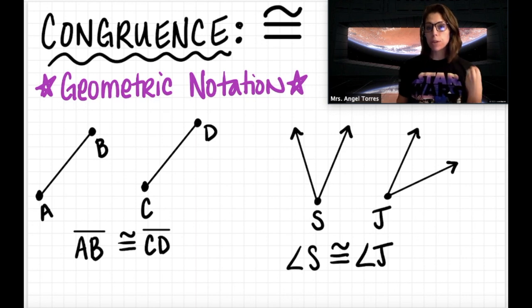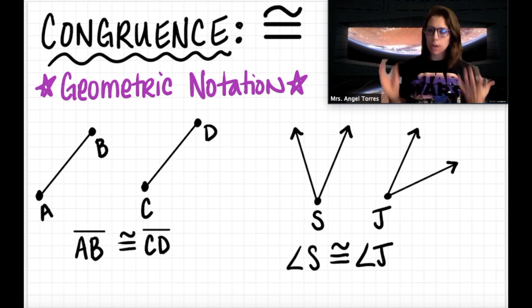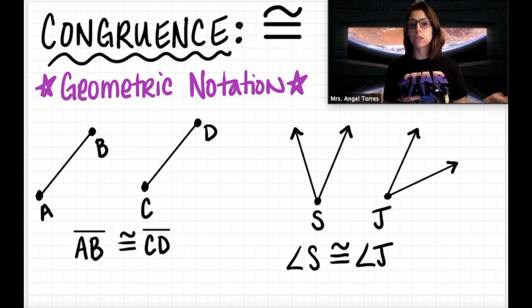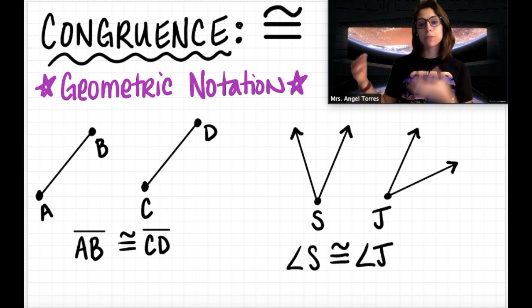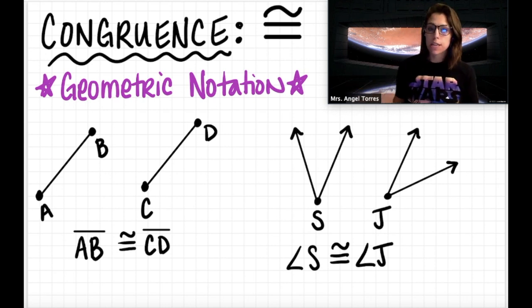So we've done a little bit of work with congruence if you're given a measure of a side or a measure of an angle. But what if you're not given a measure like 5 centimeters or 29 degrees, and instead you have to show that they're congruent using something else? That's where geometric notation comes in.